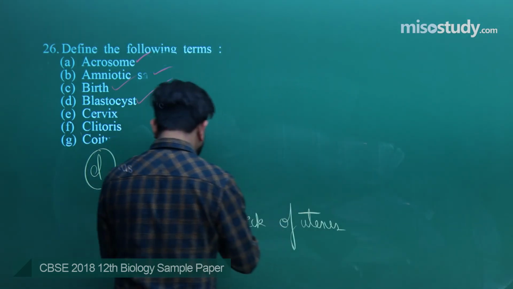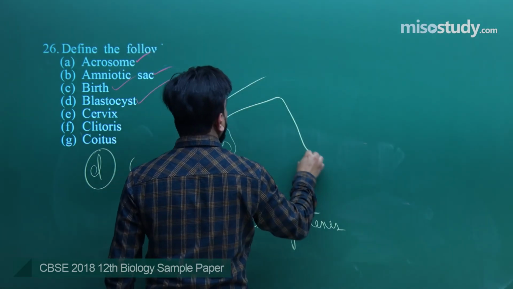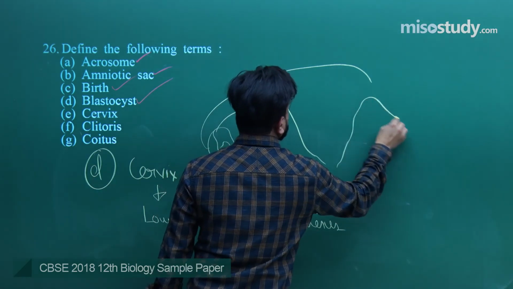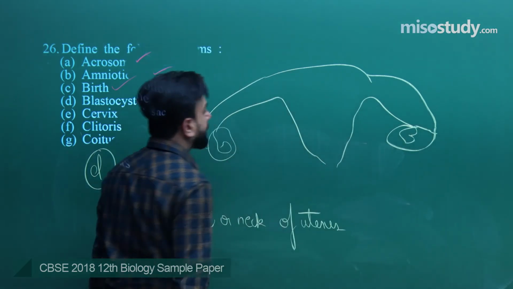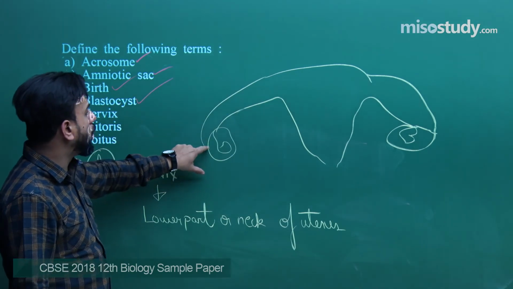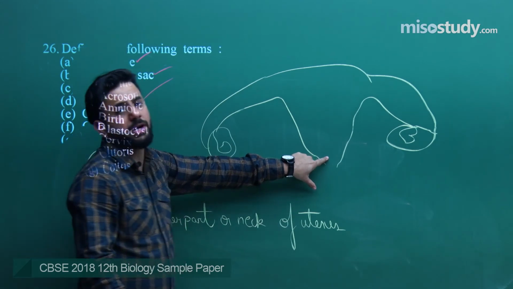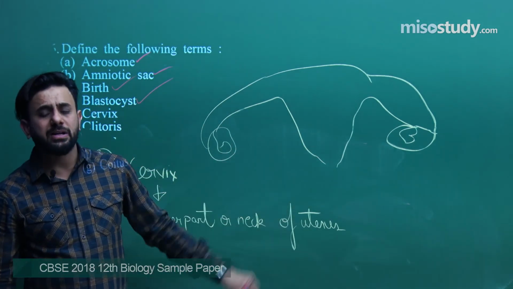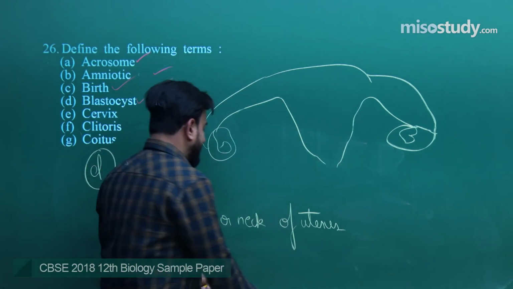When we draw the female reproductive system, this is the fallopian tube, this is the ovary, this is the uterus. This part, the neck part of the uterus, will be called the cervix. After this will be the vagina, the vulva, and so on.